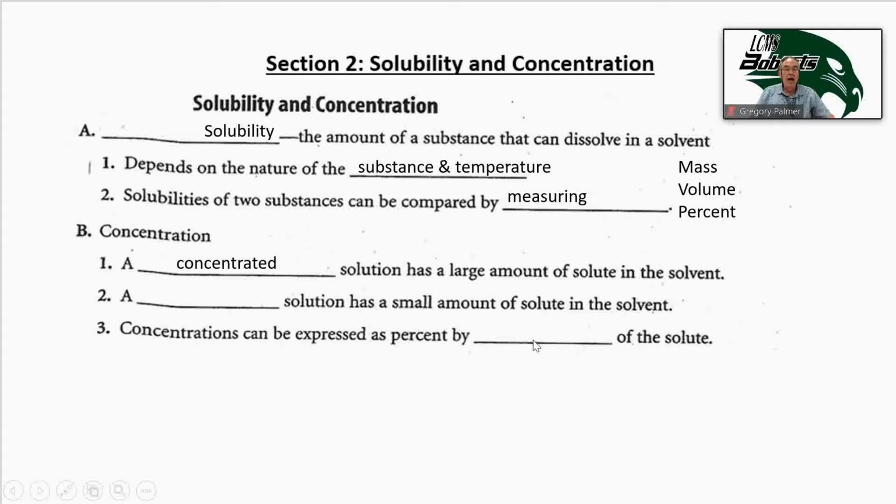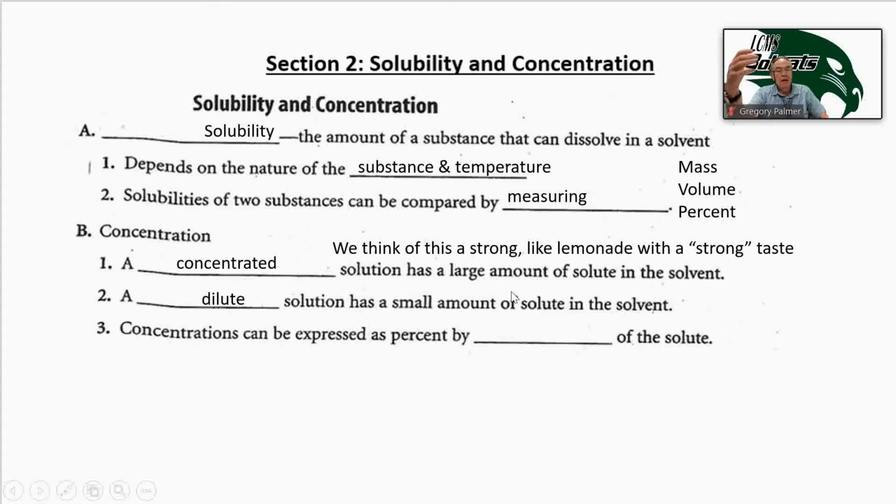Okay. Now, concentration. A concentrated solution has a large amount of solute in the solvent, and a dilute solution has a small amount of solute in it. When we think about something concentrated, we usually think of it as a strong solution, like lemonade has a strong taste.